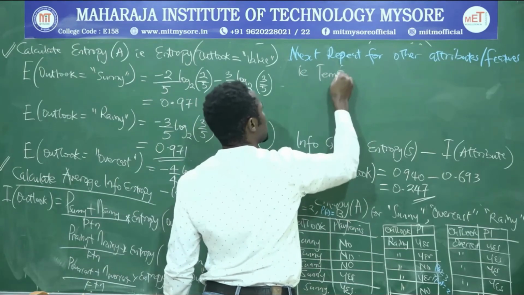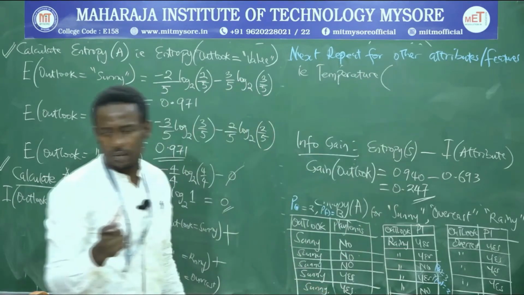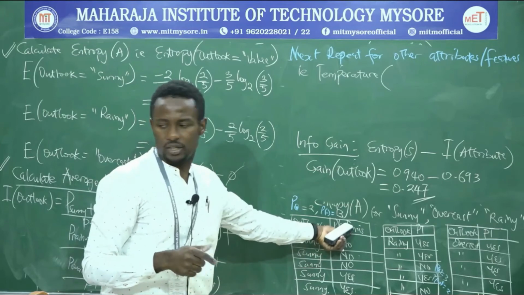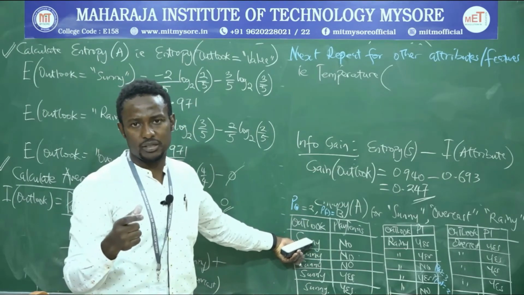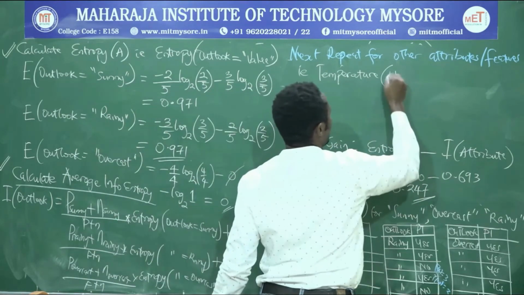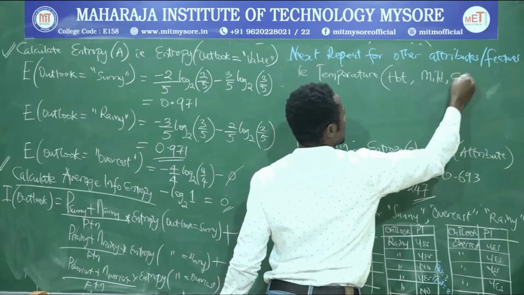That is for temperature. So, in temperature, remember we have sub-attributes. Temperature, play tennis. In temperature, play tennis, you have to have 3 sub-tables again, which includes hot, mild, and cold.